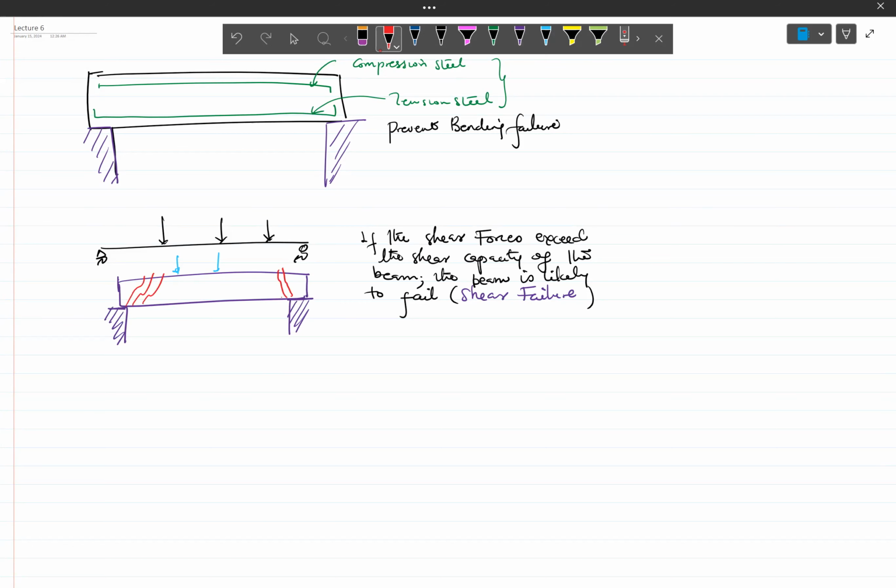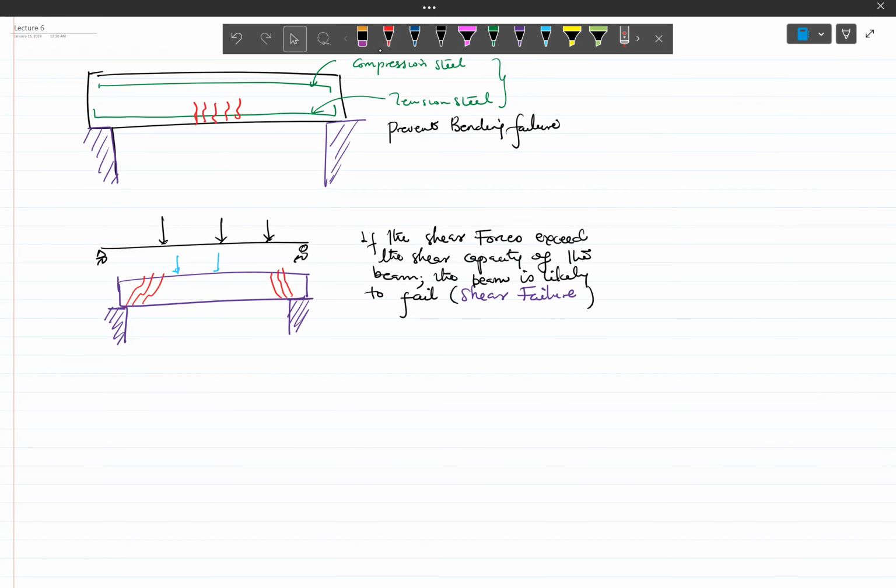For bending failure, it's usually at midspan. That's where the tensile cracks typically form. But for shear failure, the failure occurs closer to the supports, in a diagonal format, typically.